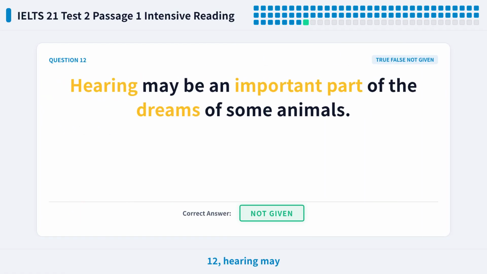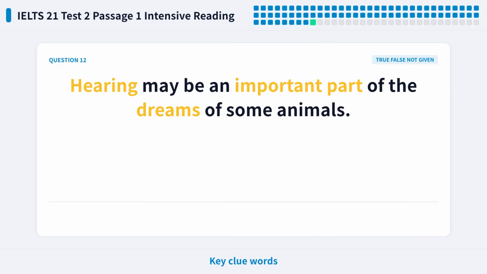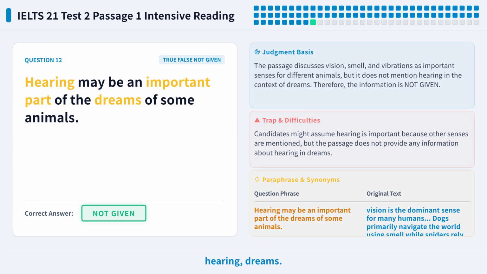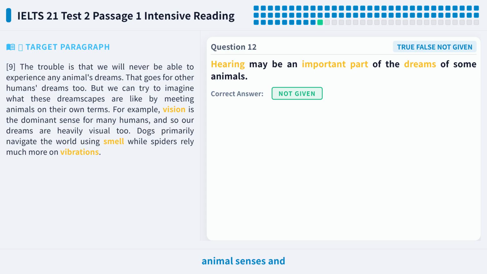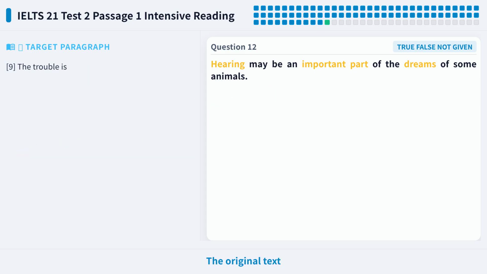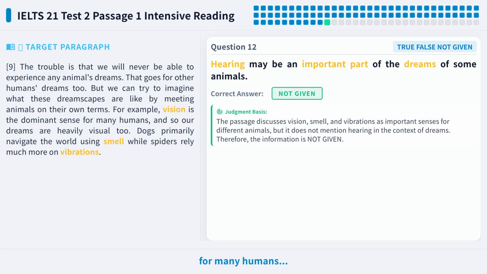Let's look at question 12. Hearing may be an important part of the dreams of some animals. Please pause the video and try it yourself first. Key clue words in this statement: hearing, dreams. Let's locate paragraph 9 and look for descriptions about animal senses and dreams. The original text says, vision is the dominant sense for many humans.